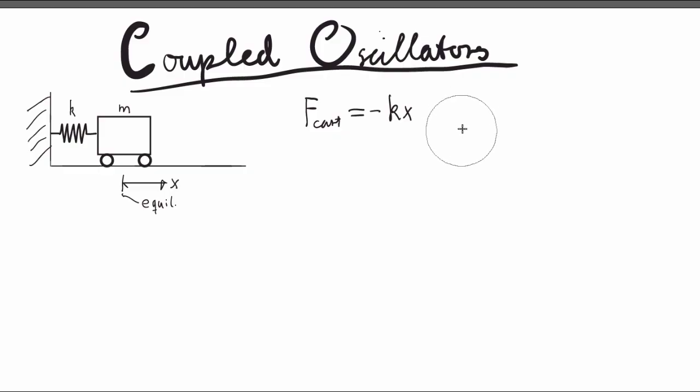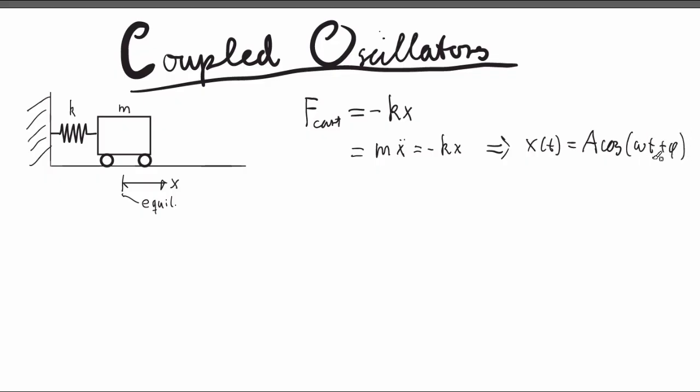Actually, I'm going to write this down here. It's equal to the mass times x double dot. And this simple differential equation has the solution that x of t equals some amplitude times cosine of omega t plus phi, where omega is the frequency and that is the square root of k over m.